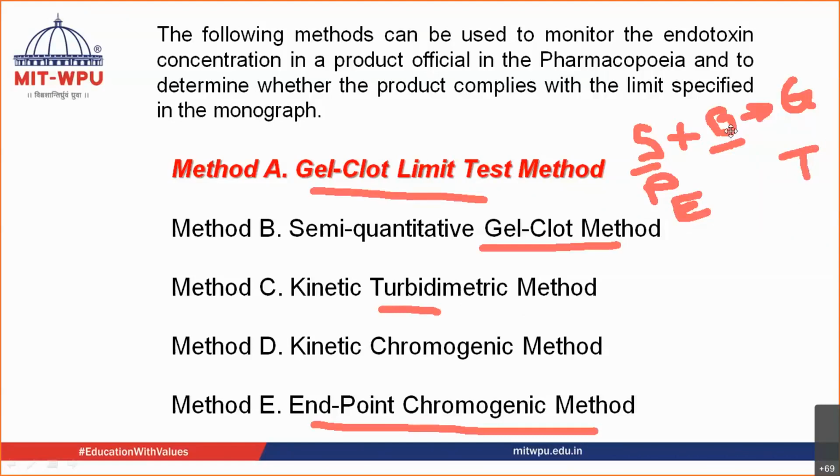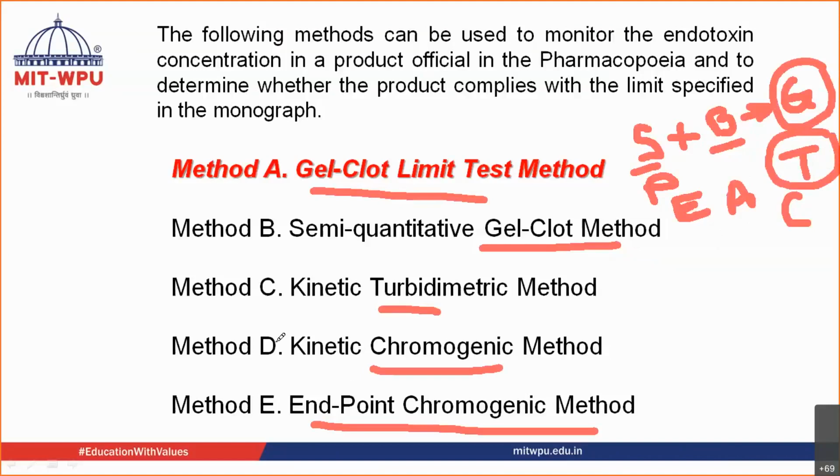In the fourth and fifth tests, along with the sample and blood, when you are mixing it, you add some agents. These agents cause a change in color, hence it is known as the chromogenic method. So in the first and second methods, it is the formation of gel. In the third method, it is the formation of a turbid solution.